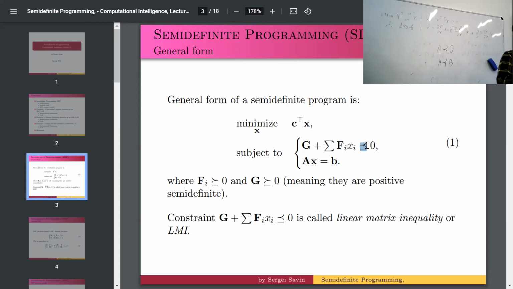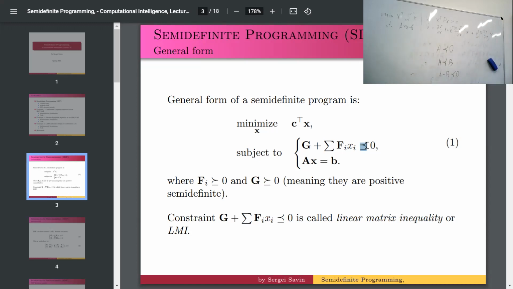Could have been the case, but it's not the definition. The definition is very simple. It's A minus B is negative. What this sign means is when you collect everything on the left-hand side, you'll get a negative semi-definite something. When you collect everything on the right-hand side, you'll get a positive semi-definite something.